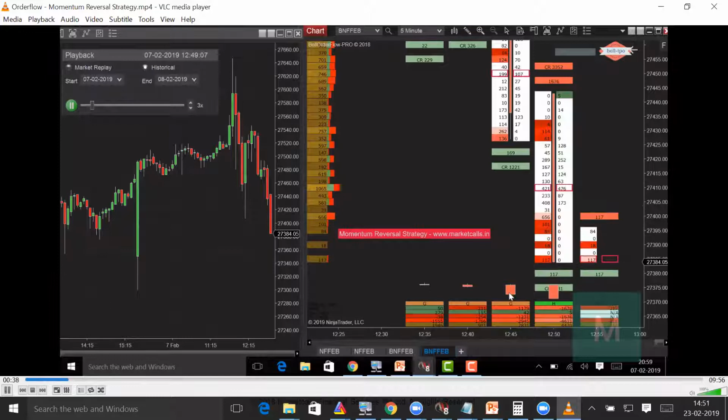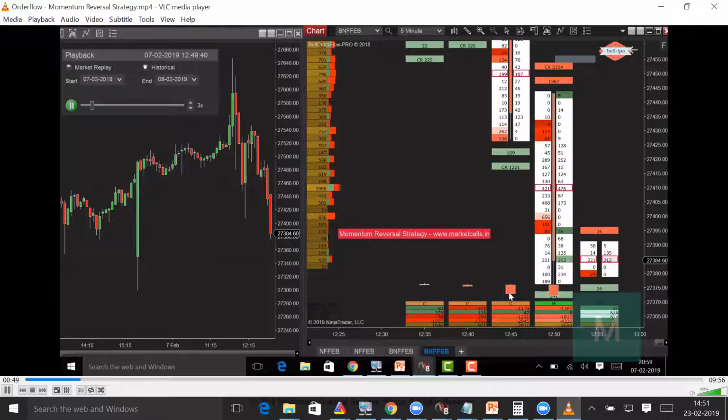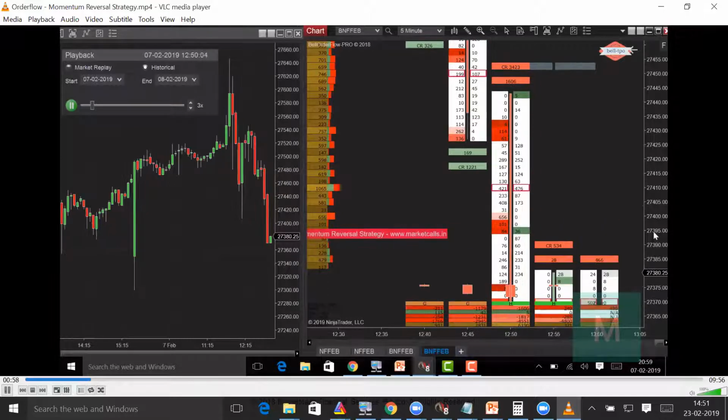I think it's a 10 minute video here. It is almost nearing the previous day low. I mean, the day's low, just nearing the day's low. You see the volatility of the candle. The volatility of the candle is really big.